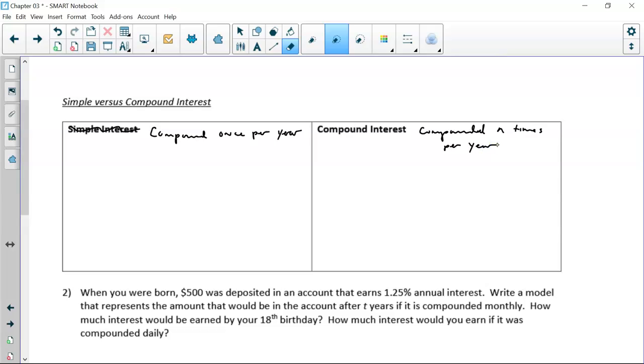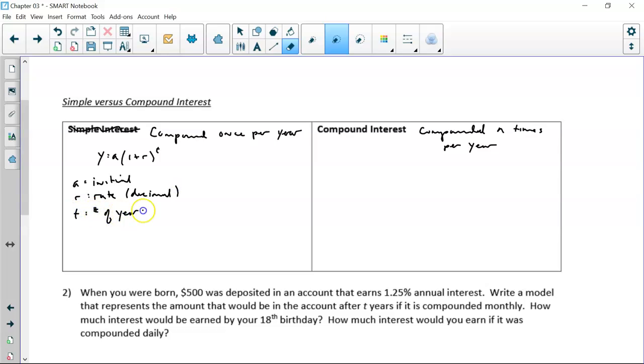So now for compound interest, y equals A times 1 plus r to the t. So A is our initial. r is that rate as a decimal. And t is the number of years.